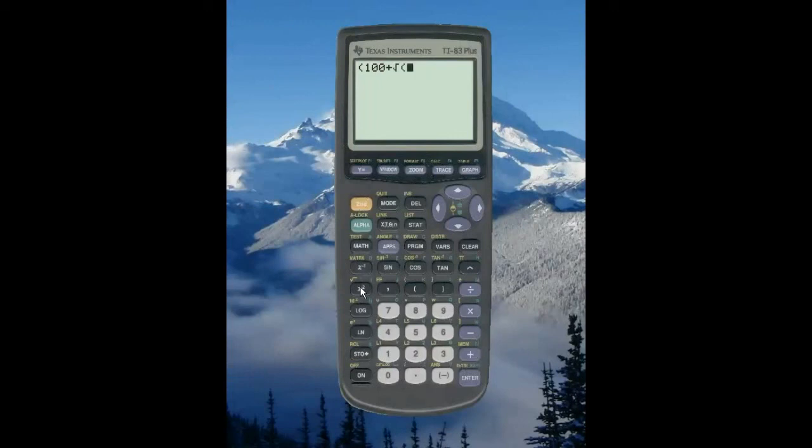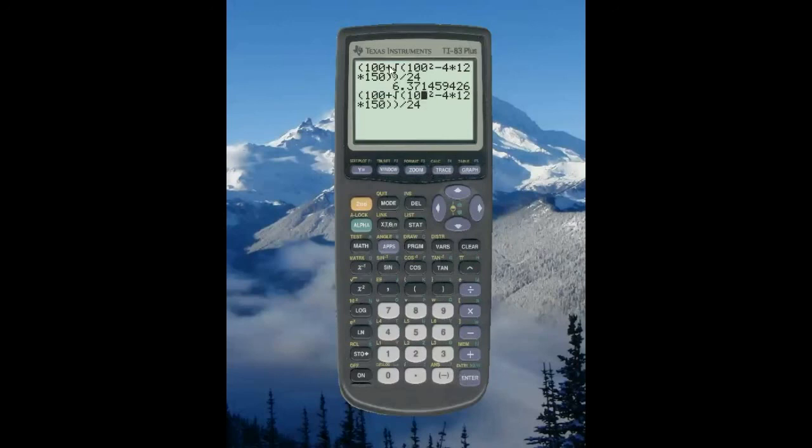The square root of 100 squared minus 4 times 12 times 150. Close the square root, close the numerator, and we want to divide that by 2 times a, and a is 12, so divide by 24.